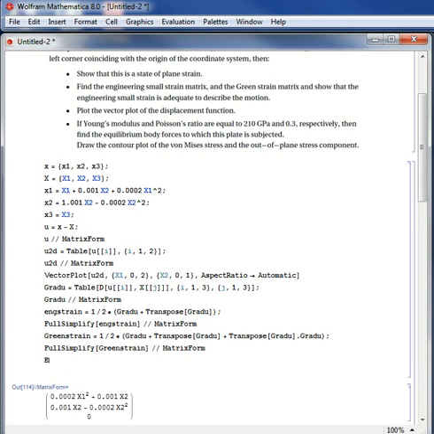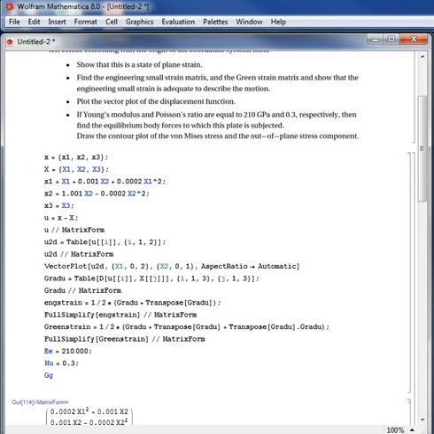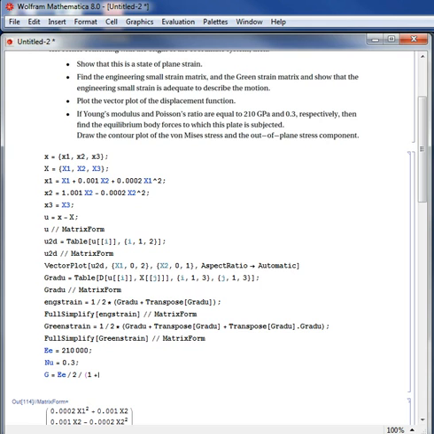So Young's modulus is given as 210 gigapascals, so 210 times 10^3 MPa. Poisson's ratio is given as 0.3, and the shear modulus will be equal to E divided by 2 times (1 plus Poisson's ratio).